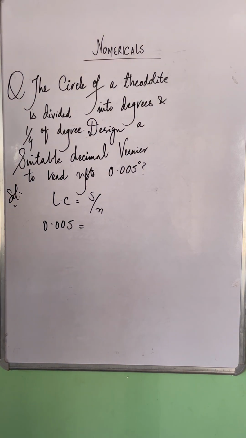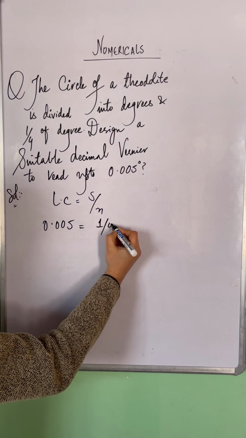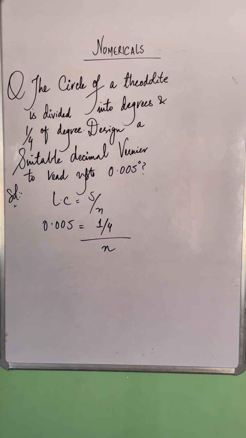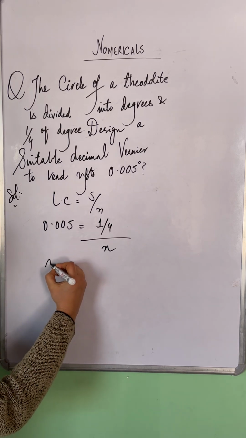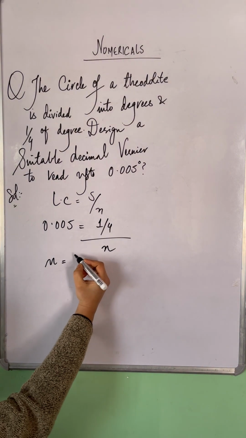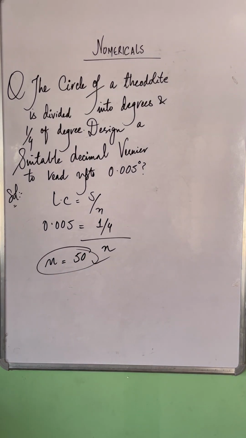So S, the smallest division in the main scale, is 1/4 of a degree, right? And N is the number of divisions on the main scale. By calculations, my N will be equal to 50.